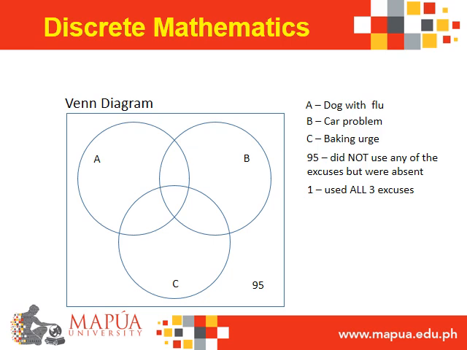One person used all 3 excuses, therefore he is the intersection of all events. 5 used both A and B, therefore that leaves us only with 4 on that region. 8 used both B and C, therefore that intersection region already contains 1, that leaves us with 7 on this region. 12 used both A and C, and again that region already contained 1, therefore only 11 is placed on this region.